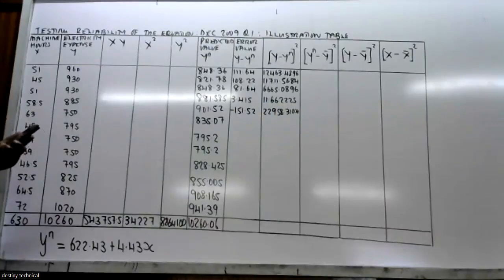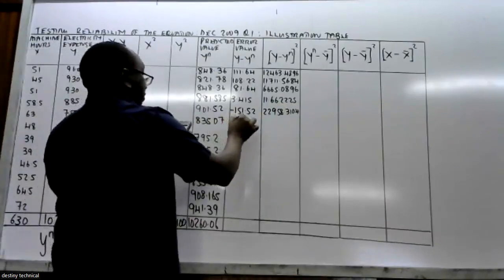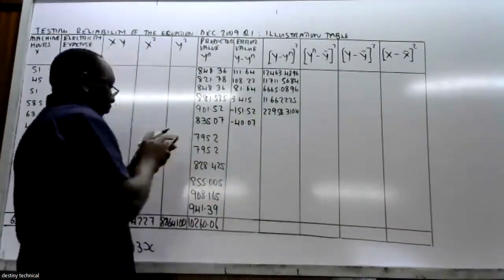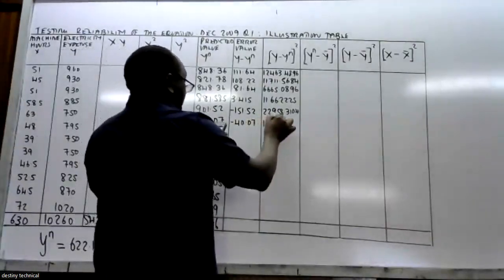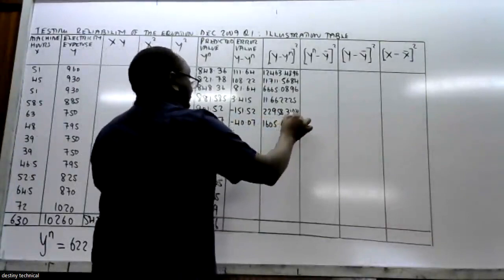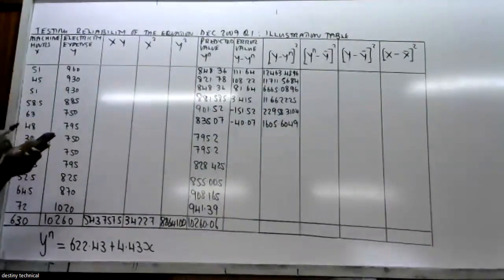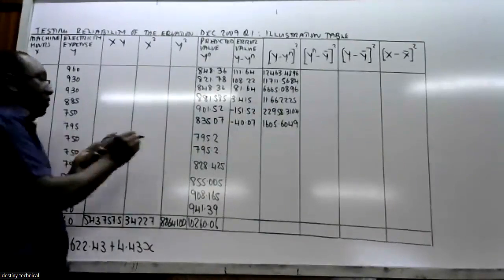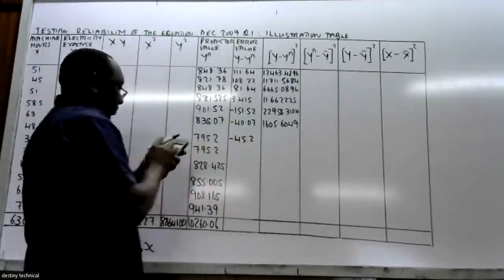795 minus 835.07 is negative 40.07. You square, you get 1605.6049. 750 minus 795.2 equals negative 45.2.